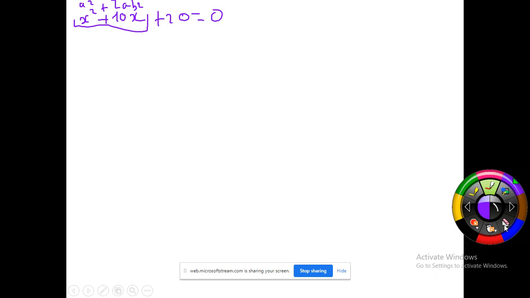Okay, so I will have x squared plus 10x. I will add and subtract 25. Look what will happen now. Plus 25 minus 25, and I didn't do anything. I'm just adding 0, plus 20 is equal to 0. Excellent.